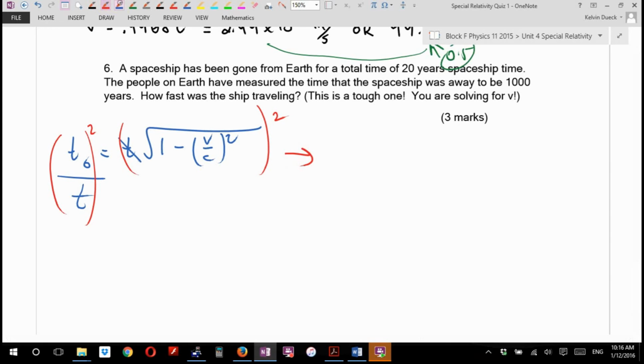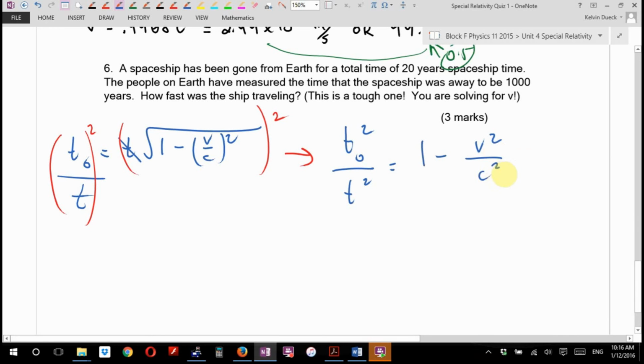If you do that, you get T0 squared over T squared equals 1 minus V squared over C squared. Is that okay? Then we said, I don't like that minus. Plus it to that side, minus that to that side.